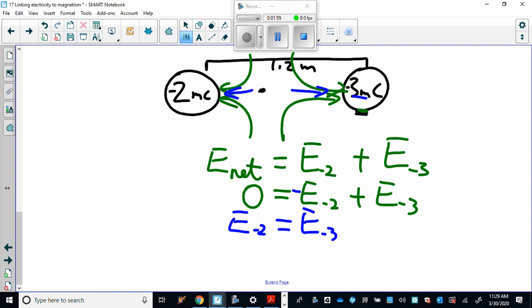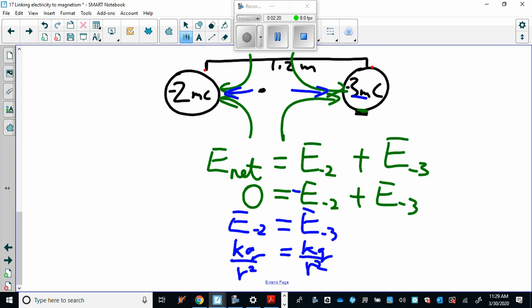Then we can plug in the formulas for those, which is kQ over r squared equals kQ over r squared. Now here's where you have to think outside the box a little bit. Let's go back to this diagram here. There's 1.2 meters between them.